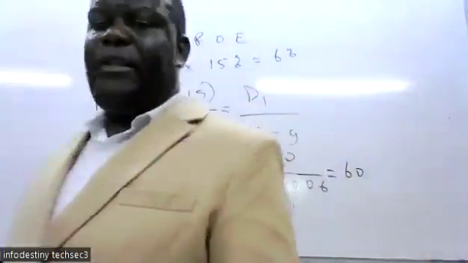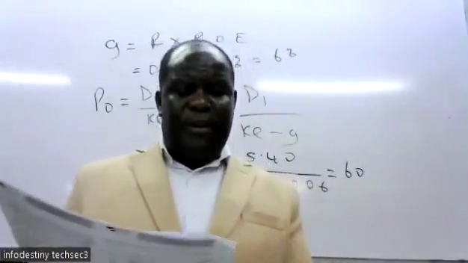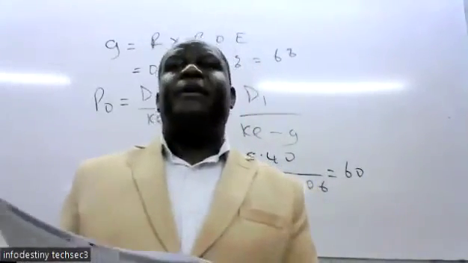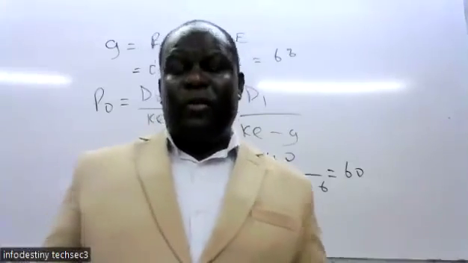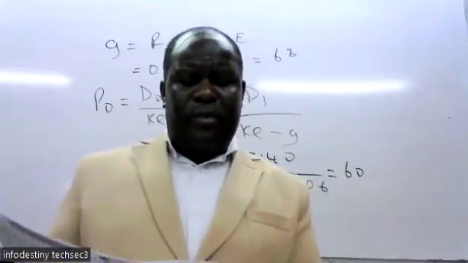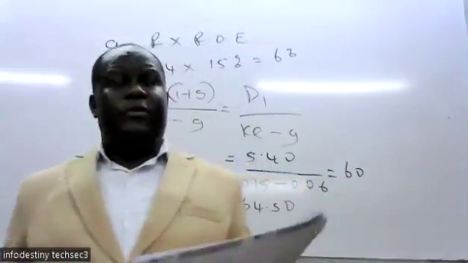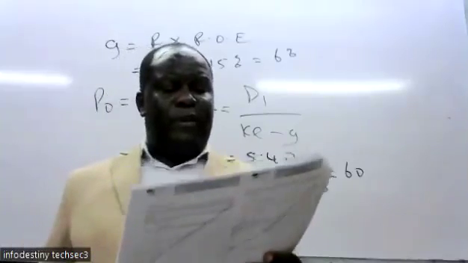So E, they have said, is the dividend yield or Gordon's valuation model. They say this method uses the fundamental theory in the valuation of the ordinary share.